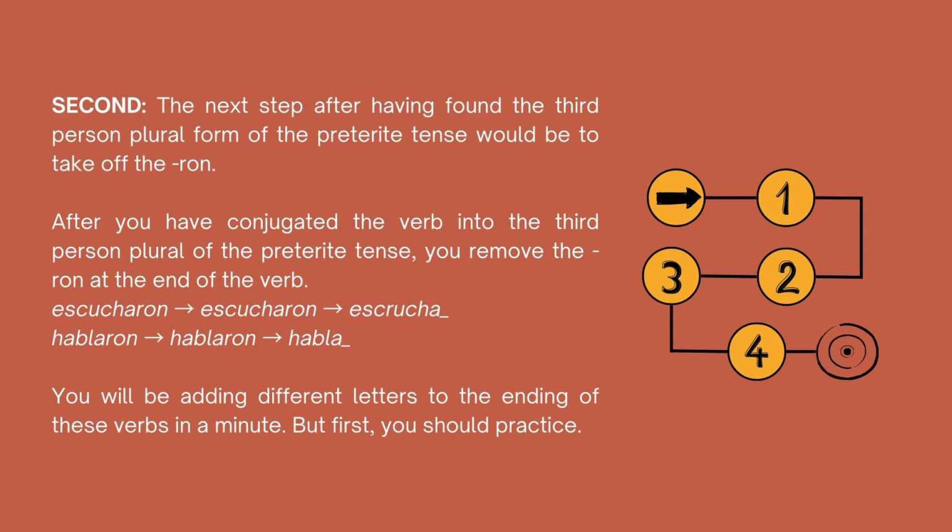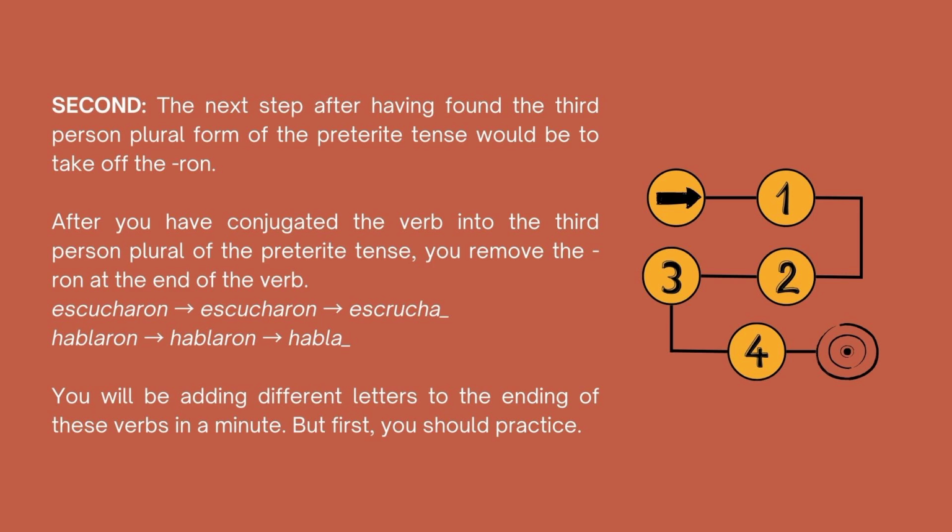Now let's proceed to the second step. The next step after having found the third person plural form of the preterite tense is to take off the ron. Remember that in the first step, you identify the third person plural form of the verb, and they end in ron. Now in the second part, you need to take off the ron.